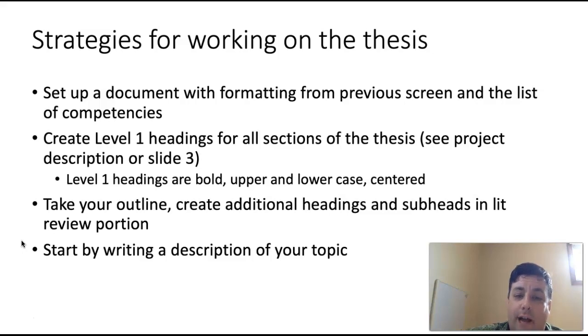I would then take your outline, and in the literature review portion of that document, create additional headings and subheadings based on your outline. And then I would start by writing, at the beginning of the lit review section, just a good description of the topic and the issue that you're talking about.